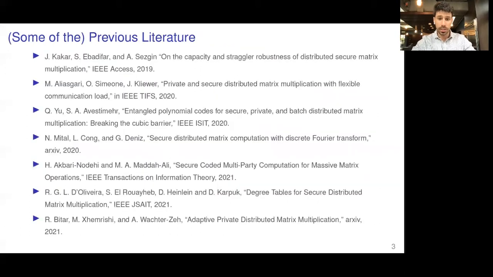There are some works in the literature covering the secure distributed matrix multiplication problem and some of its variations, using really nice techniques to approach these problems, such as studying the degree table of polynomials, entangled polynomial codes, and roots of unity.